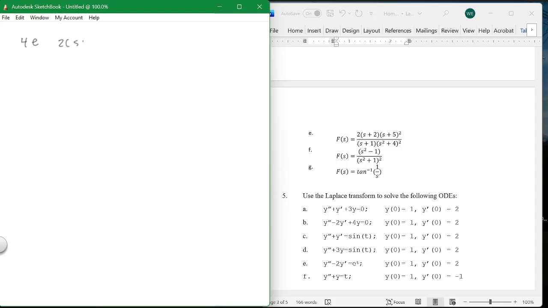It's 2 times s plus 2 times s plus 5 quantity squared all over s plus 1 times s squared plus 4 quantity squared equals what? I got that all messed up, but it's like this, s squared plus 4 quantity squared.